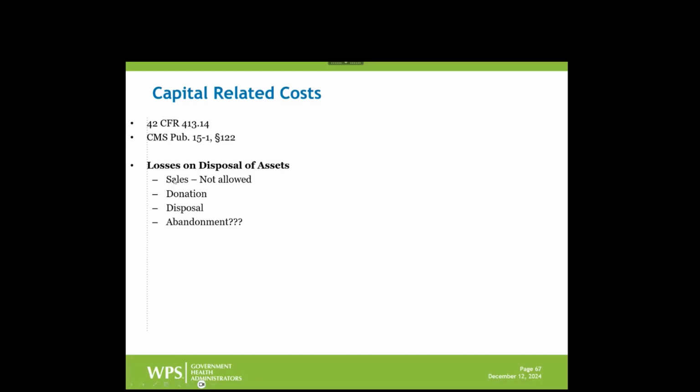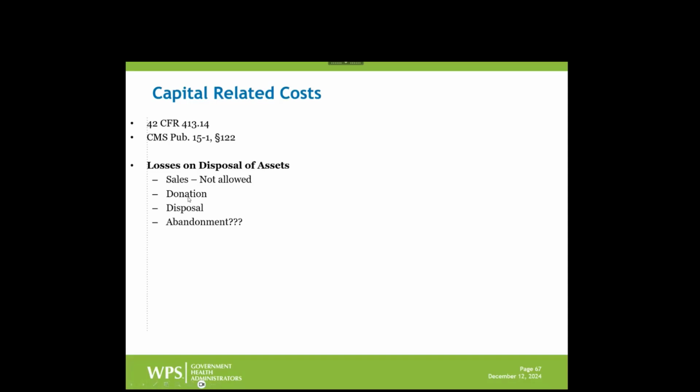Sale has clearly, for several decades, been included in the policy manual. But donation is in a separate section of the policy, and scrapping has its own little section as well. The thought is that a donation is essentially a $0 sale, and any loss from remaining depreciation is not going to be allowed for Medicare reimbursement.